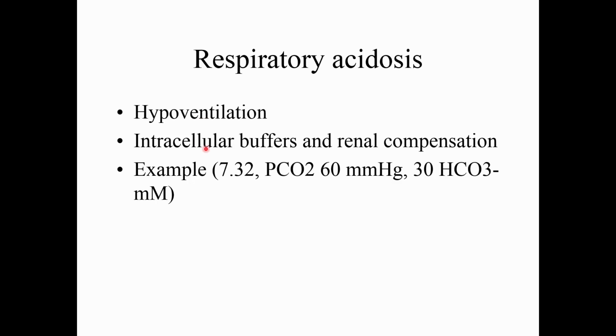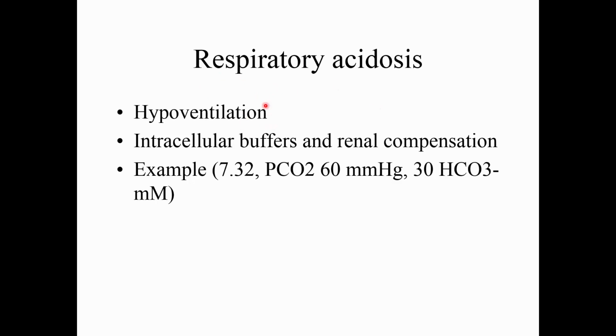So you're going to try to shift hydrogen into cells to use your intracellular buffers. Your kidneys are going to try to secrete hydrogen ion and reabsorb bicarbonate ion. Your lungs cannot help you because your lungs are part of the problem.